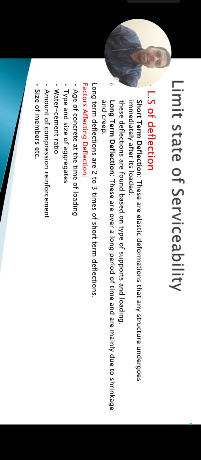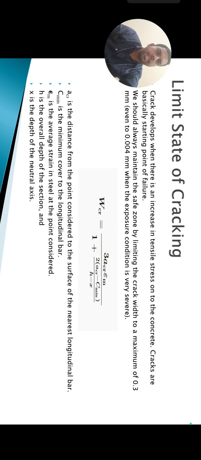First, the age of the concrete at the time of loading, the type and size of the aggregates, the water cement ratio, the amount of compression reinforcement provided in the section, and the size of the members. These factors highly influence the deflection criteria.